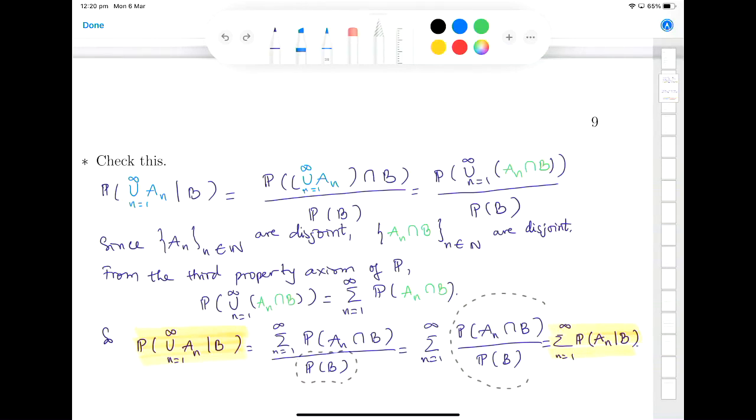And then this one we write in terms of conditional probability: the probability of A_n given B. Then you finish your proof, just using the definition of conditional probability and using the third property, axiom of probability P.